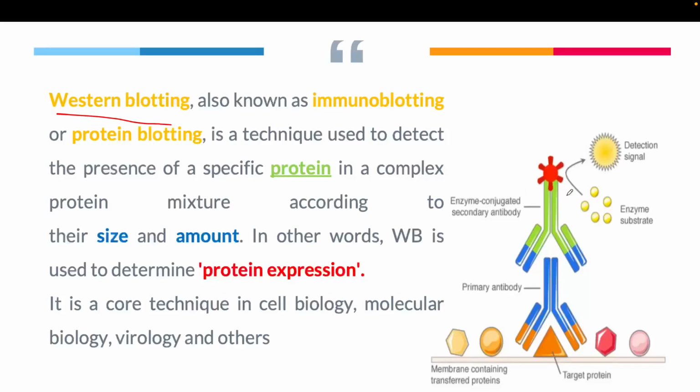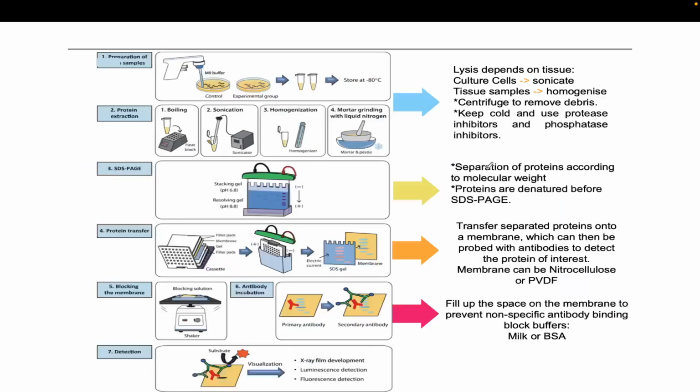When you add the substrate, this enzyme acts on the substrate and converts it into a product. That product is detected by chemiluminescence or fluorescence. So this is western blotting, and this is the complete procedure.